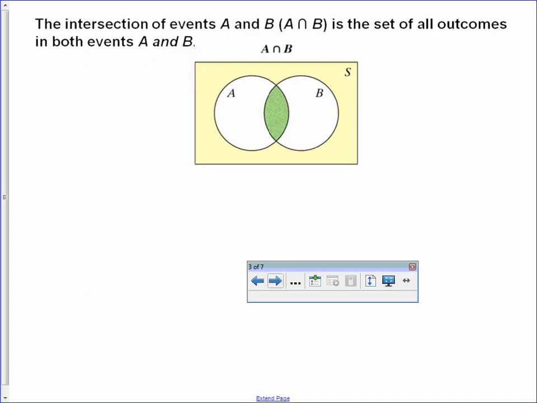But what we are going to get into are the ones where A and B are not disjoint. And what's happening is where the two circles intersect. The notation we use for intersection is A intersect B, and that's the area where A and B intersect.